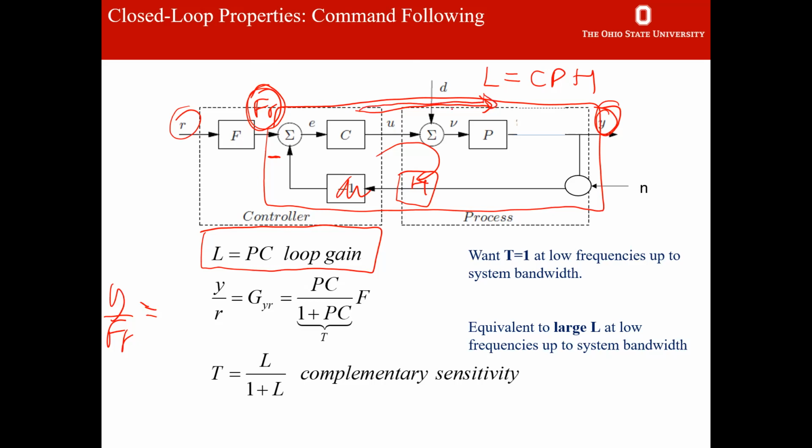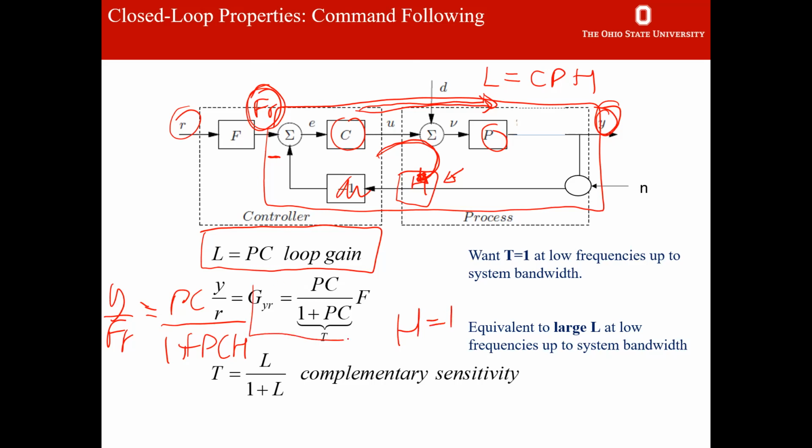Everything in this forward path, which is C times P, PC divided by 1 plus everything in the whole loop, including the feedback part. 1 plus PC, there would be an H, if there was an H here. Now in my case, H is equal to 1.